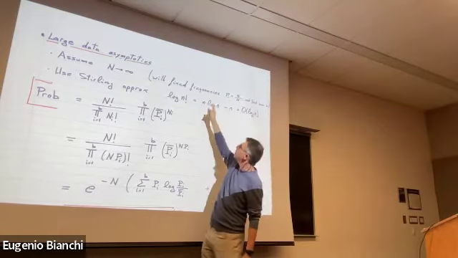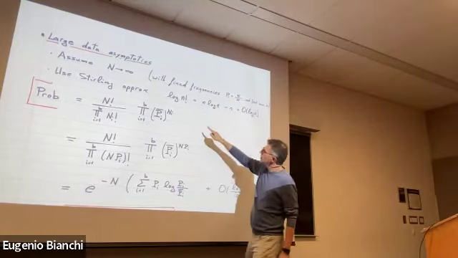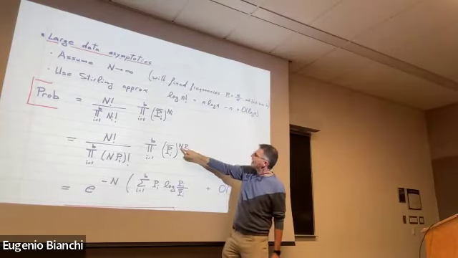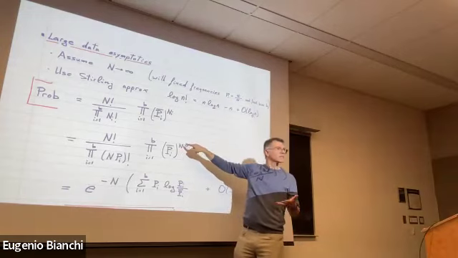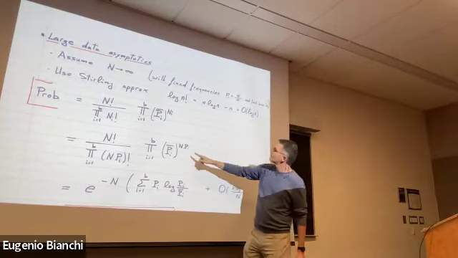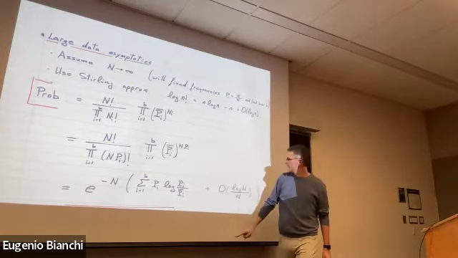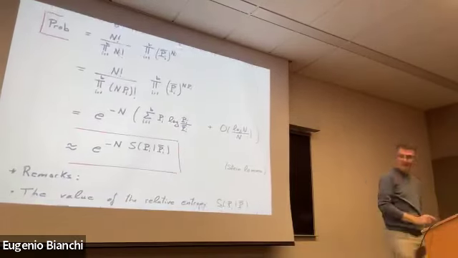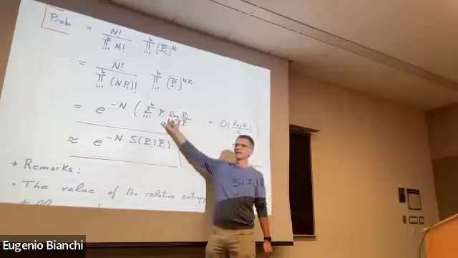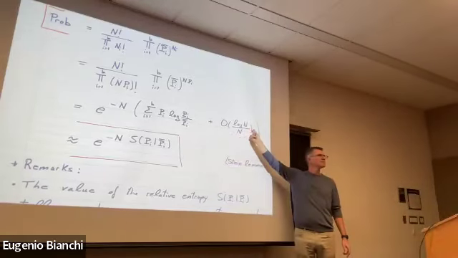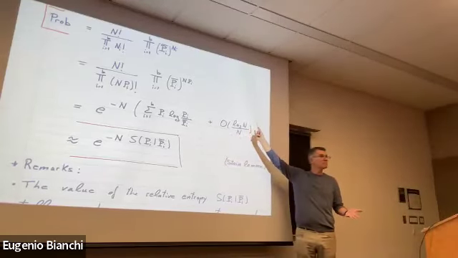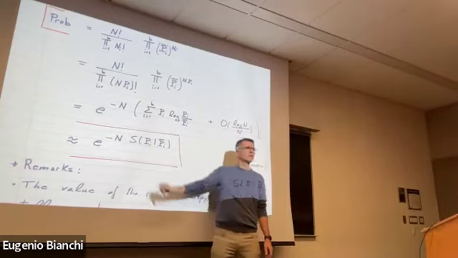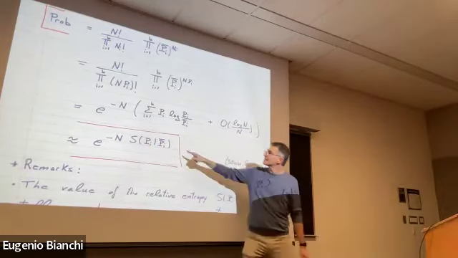In that limit, this Ni, by definition, is N times observed frequency. So now I can do large N. You get this piece in large N, this piece that you recognize, plus a subleading term from Stirling. This quantity is what we call relative entropy. This one appears here.